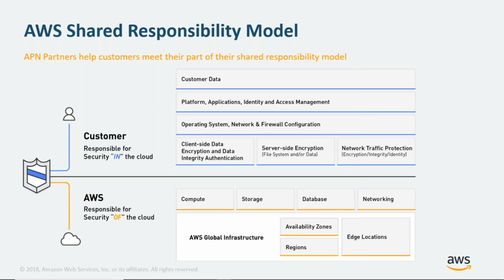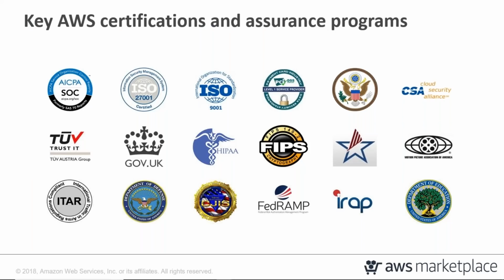Finally, AWS has a wide range of industry and internationally recognized certifications and assurance programs that we work with. Anything from SOC 1, SOC 2, SOC 3 to ISO 27001, 27017 and 27018 for cloud privacy and security.